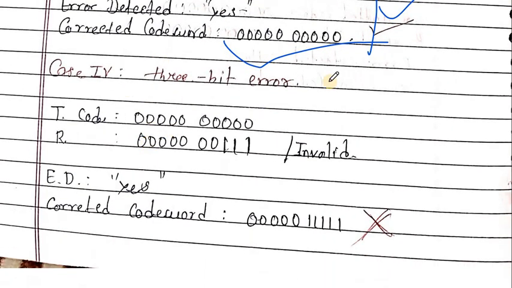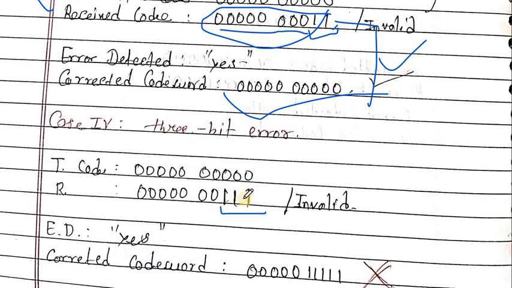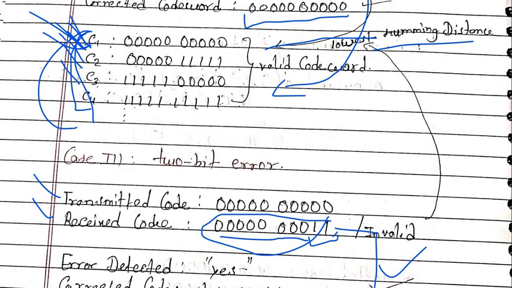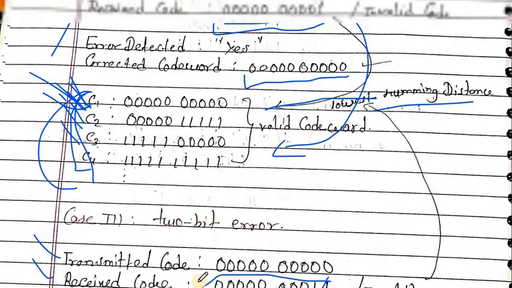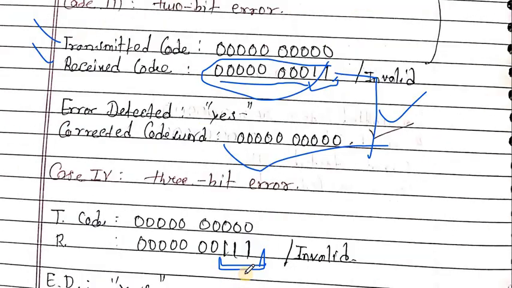Again, there is a 3-bit error case. When there is a 3-bit error, the receiver does detect it, but if the receiver finds the minimum Hamming distance between this string and the valid code words, it will find the lowest Hamming distance with the C2 string.